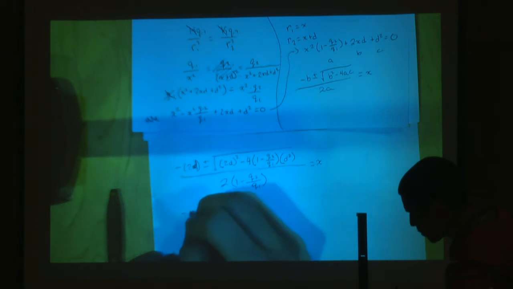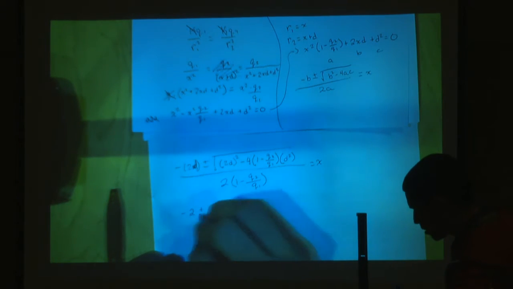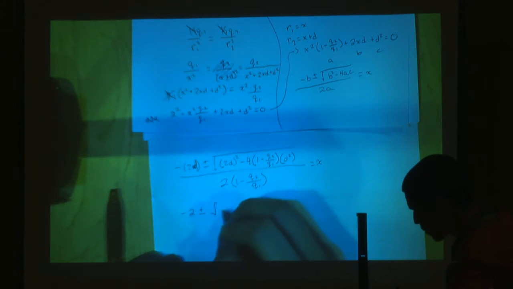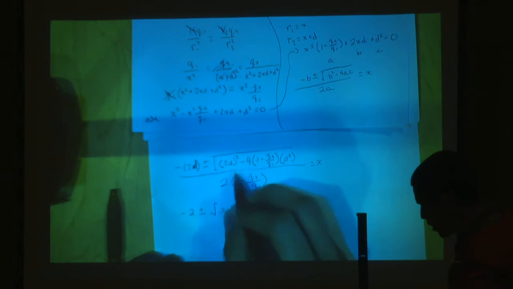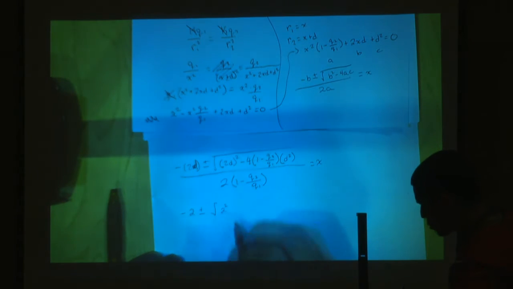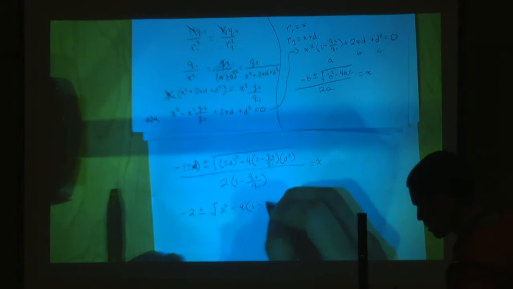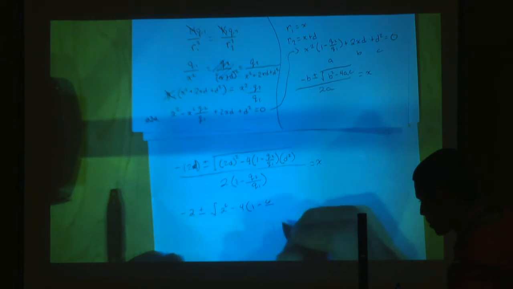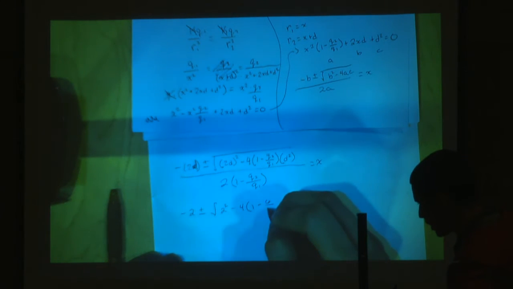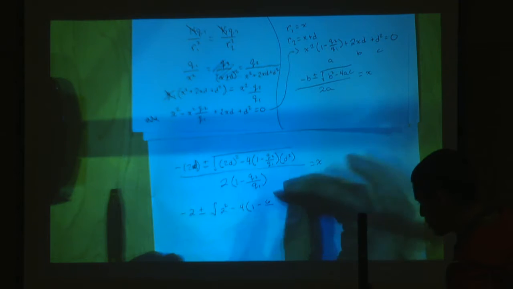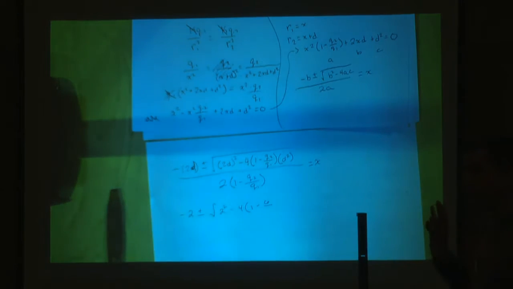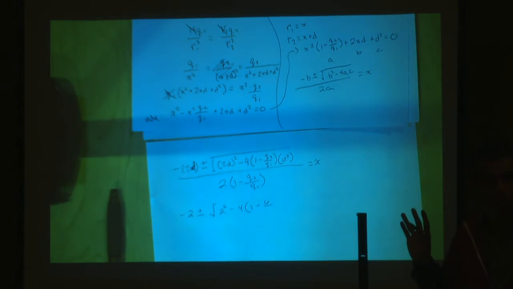So we have negative 2 times 1, plus or minus the square root of 2 times 1 squared, so it's just 2 squared, minus 4 times 1 minus q2, which is 6 microcoulombs, over q1, which is negative 2.5 microcoulombs. But I'm going to keep that negative out.